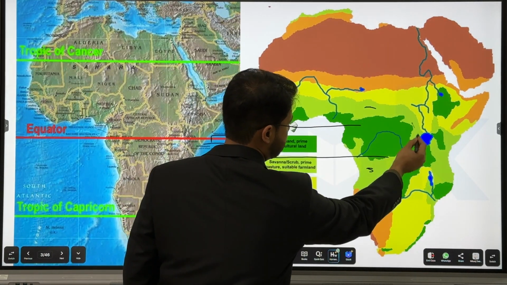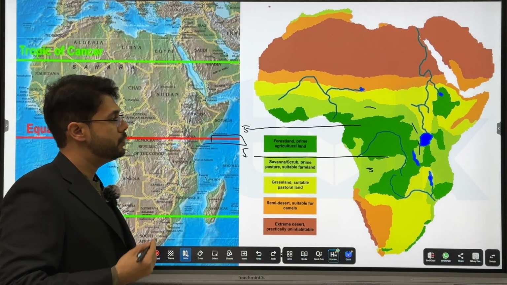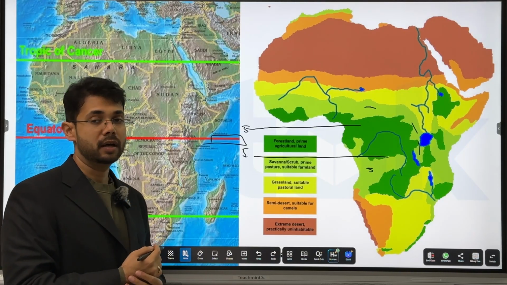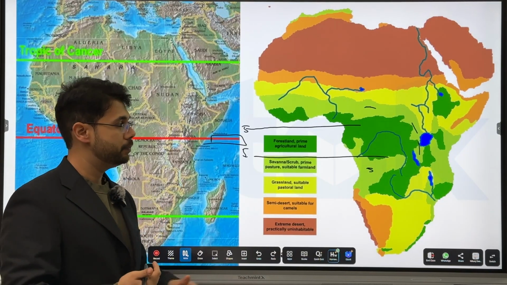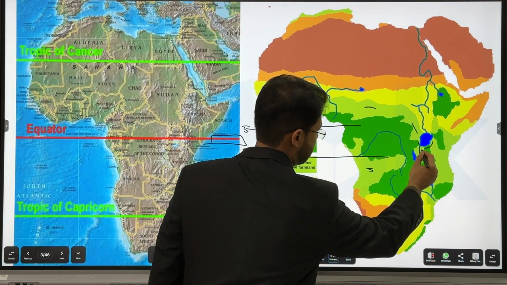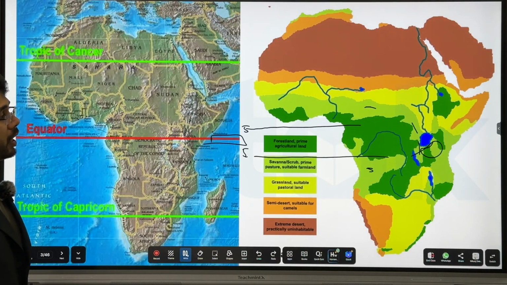Yes, they enter here as well, but those are other geographic factors which you do not need to know. Famous grassland-centric wildlife sanctuaries are Masai Mara and Serengeti. They are present around Lake Victoria. It's one and the same national park, just called by different names by different countries.